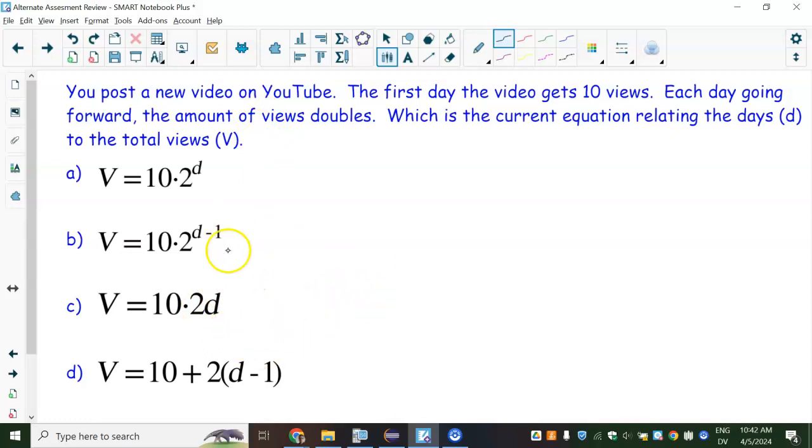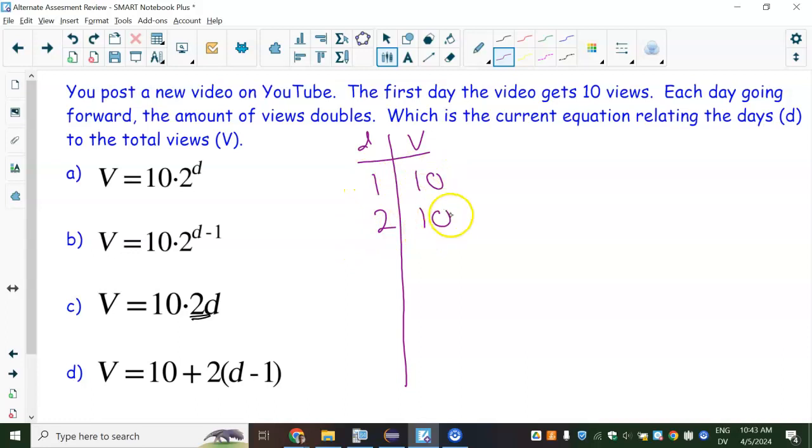Okay, so it's kind of tempting to think that if you're timesing by 2, you would do like 2 times d days or something. But if I make a little chart here, this might help us understand this. On the first day we get 10 views, and then on the second day we have 10 times 2 views, and then on the third day we have 10 times 2 times 2 again.